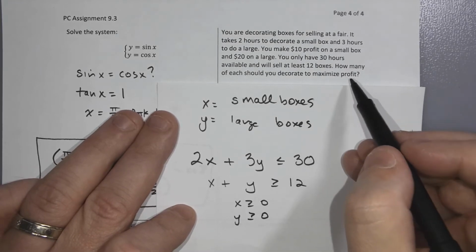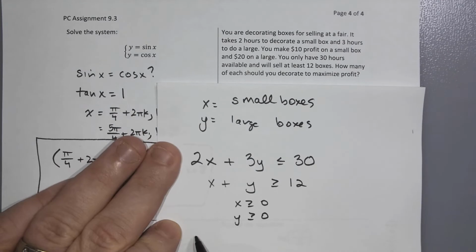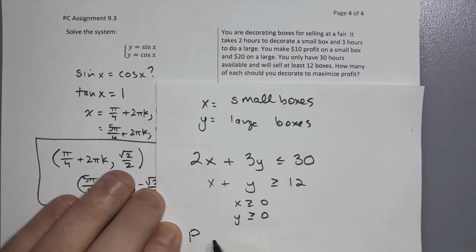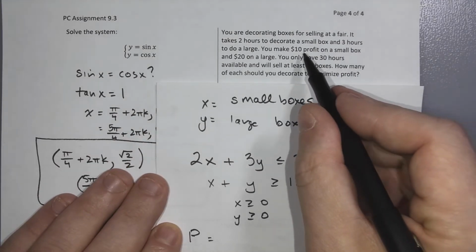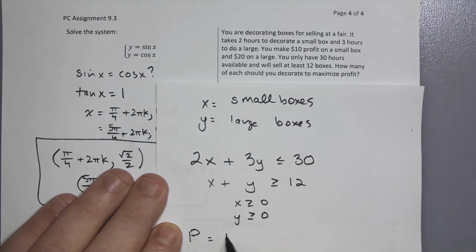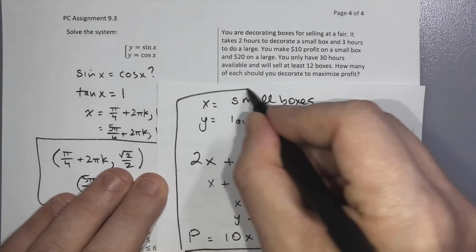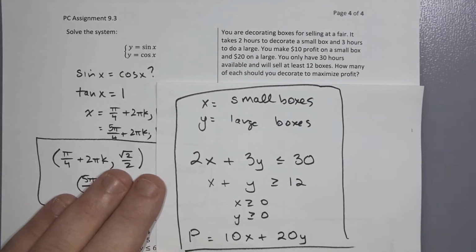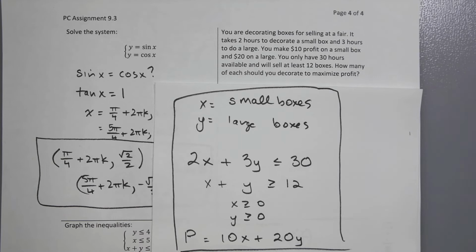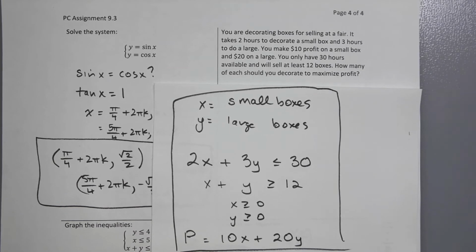And then we're going to be looking at maximizing profit. So my profit equation is going to be the profit here, which is 10 on a small and 20 on a large. So we're going to keep this information as we move on to the rest of the problem. That is the first box, or the first quadrant, of our template that we had.